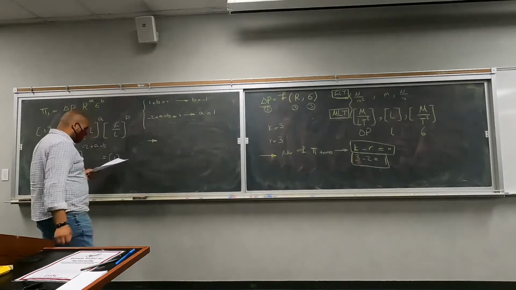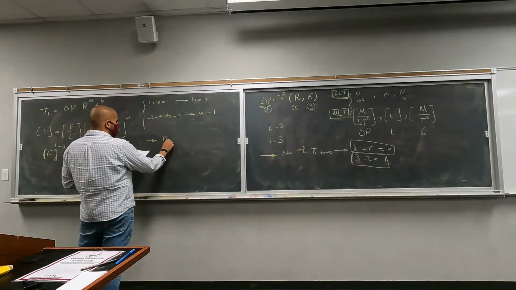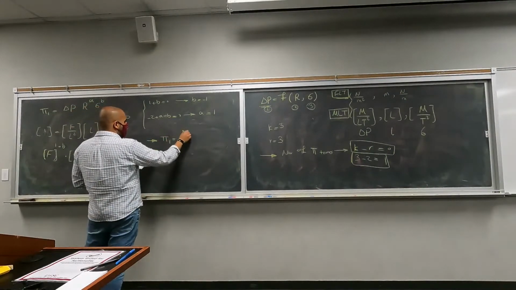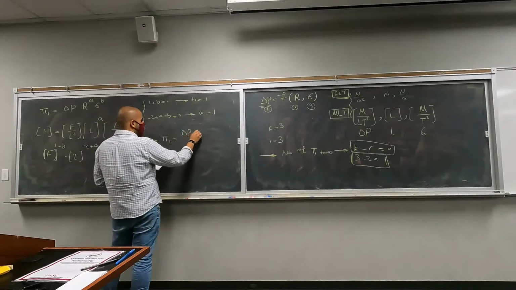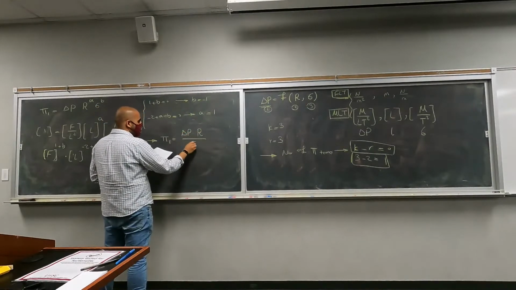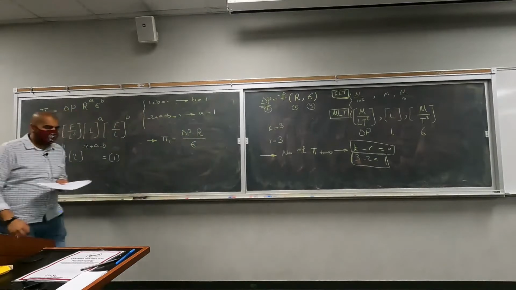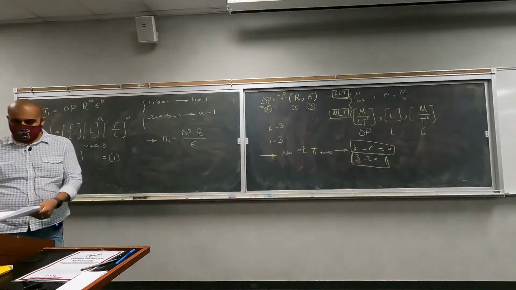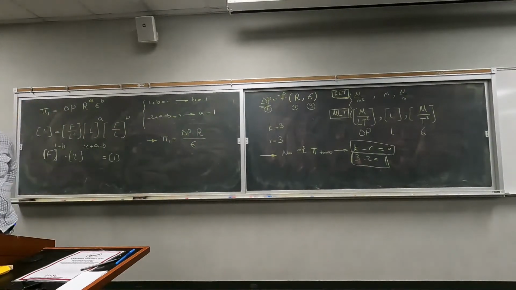So your pi term is going to be equal to delta p multiplied by r divided by sigma. And this is a dimensionless parameter. So in our dimensional analysis, this will remain constant if you were to compare two different cases.